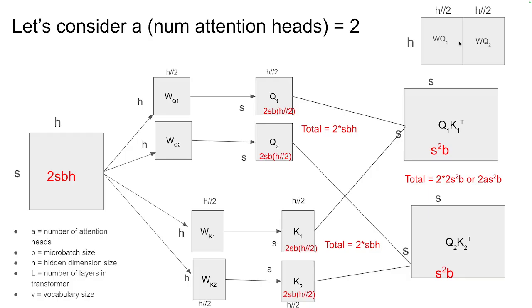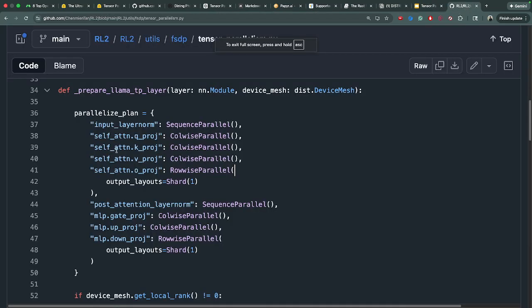The weight matrix for different heads is generally defined like this: here is the row, and this is the column. This is the projection head for WQ1, and this is for WQ2. So if you divide by column, you will get back the weight matrices for each head. Hence you will see here it is written column wise parallel for the Q, K and V.